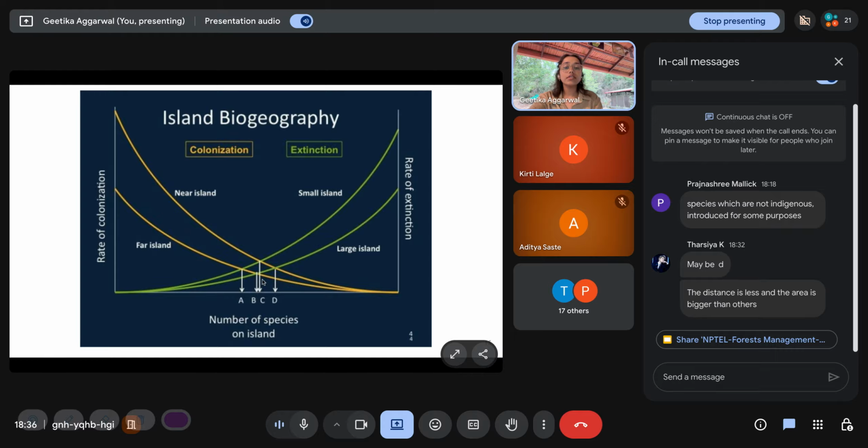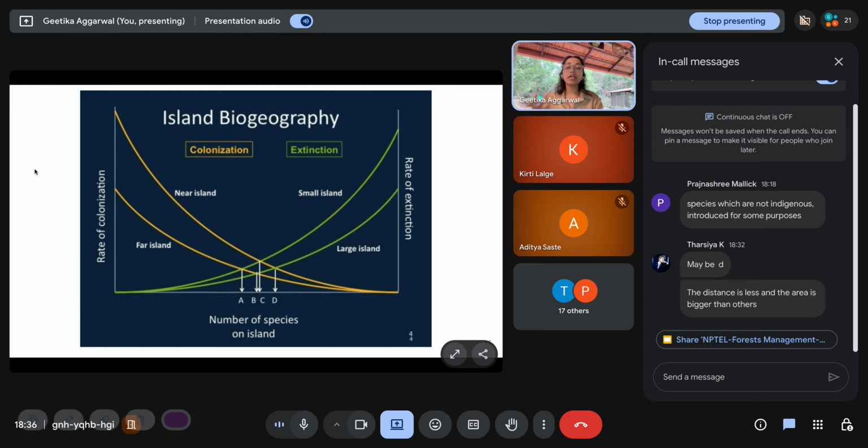This is the number of species that you will find on that particular island. If it is this far and this much in size, wherever the rate of colonization and the rate of extinction become equal, that is the number of species you will find on that island.